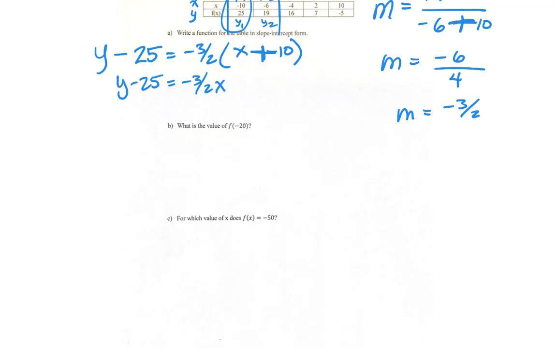Negative 3 times 10 is negative 30 over 2. Clean it up. 30 divided by 2 is 15. And lastly, add that 25 over. And I get y equals negative 3 halves x. Negative 15 plus 25 is a positive 10.